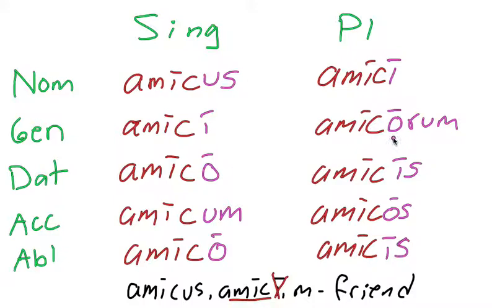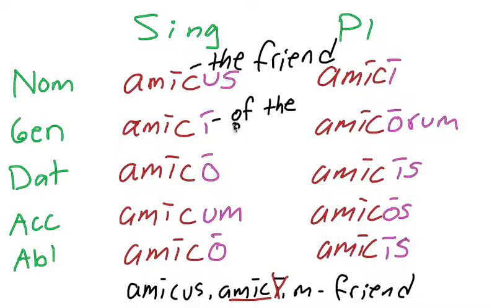In order to translate all of these forms, the cool thing is that the translations stay the same. The nominative is the same as the nominative translation for first declension. So amicus would just be the friend. The genitive amici would be of the friend, or you could say the friend's.